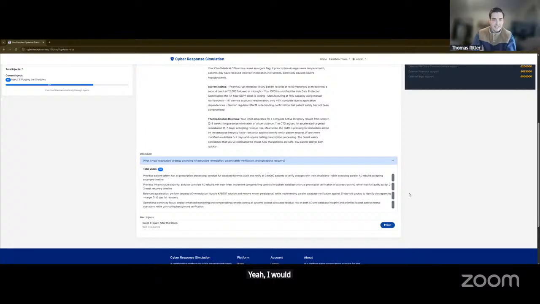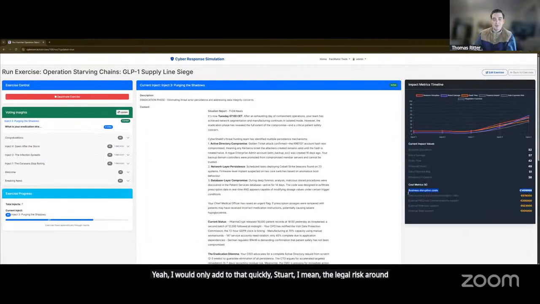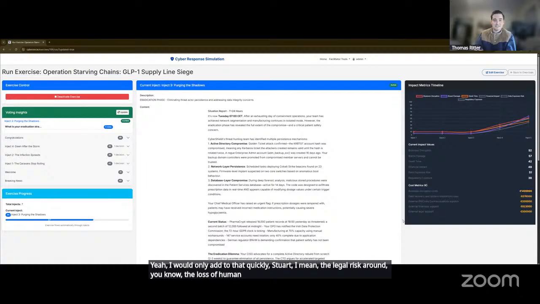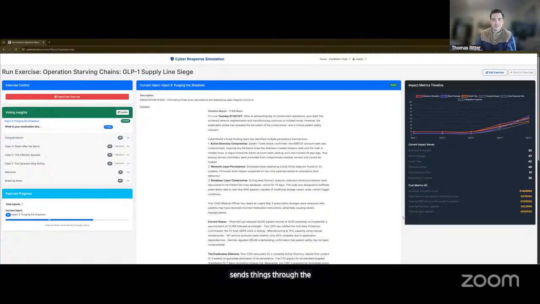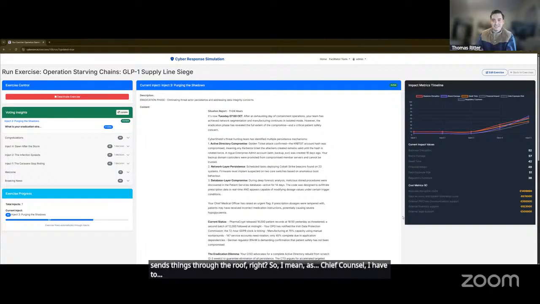Yeah, I would only add to that quickly, Stuart. Yeah, the legal risk around the loss of human life sends things through the roof. So as chief counsel, I have to bang the table and say patient safety takes the cake and needs to be prioritized above all other business interests at this point.